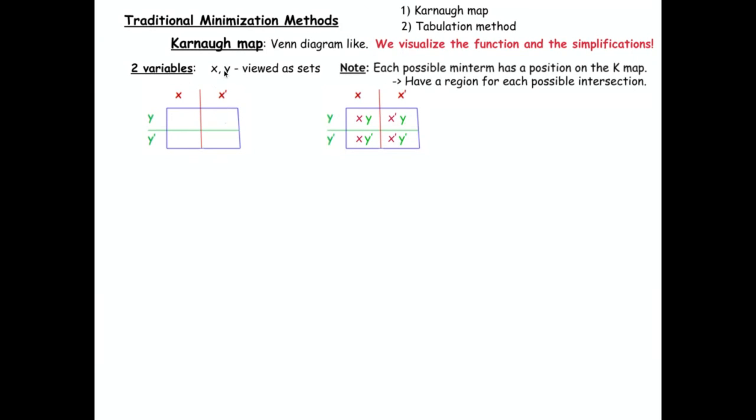If a function has only two variables, then it will have, in this case, two minterms. Each minterm will be the product of the two variables, and Karnaugh maps will have a little rectangle for each of the minterms that represent a function. So it's really just minterms, but instead of them being in one line with plus, plus, plus, we're arranging them at what looks like a little table.